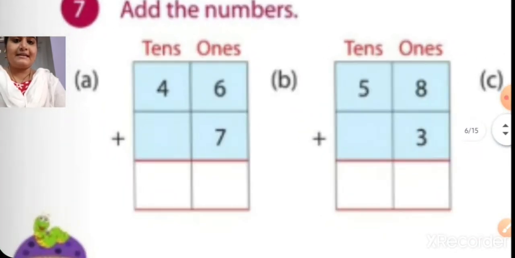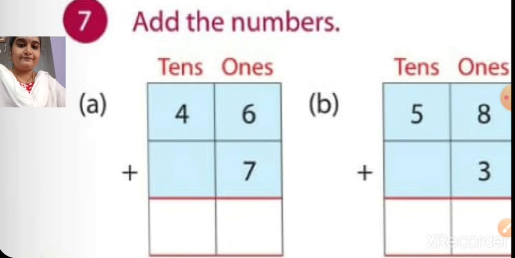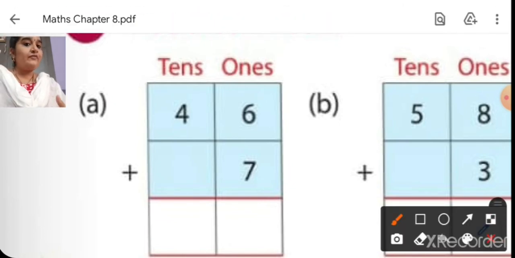Yes, first sum. Take out your pencil. Write along with me, children. 46 plus 7. We have nothing here. 46 plus 7. 6 in the mind, 7 on the fingers.